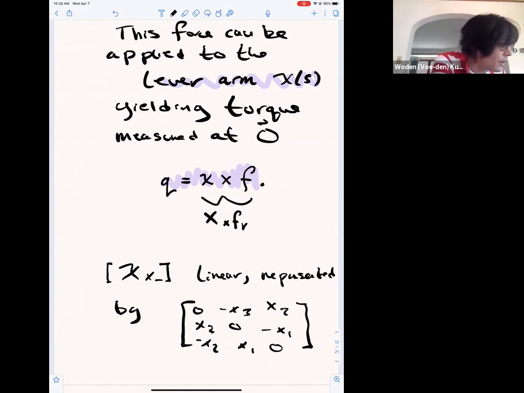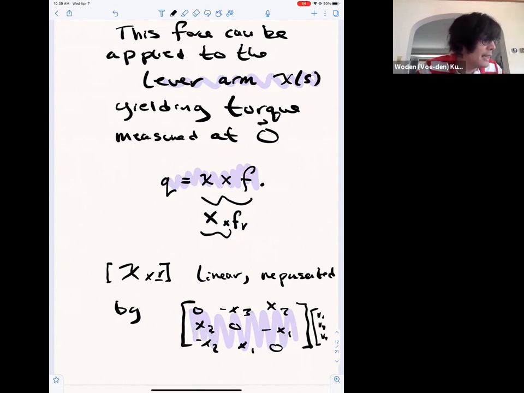Or sorry, the x cross has a linear representation, which, if you remember, and I feel like I keep saying go back to linear algebra. I don't think I ever actually learned this in linear algebra, but I learned it somewhere, that you can think of taking a vector cross something as a linear operation, and it's this particular matrix. So if I want to take x cross v, I take this matrix and I multiply by v.